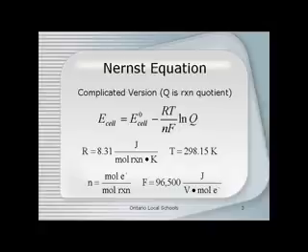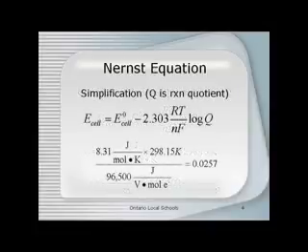And then F is Faraday's constant, and that is equal to 96,500 joules per volt times mole of electrons. It would be a good idea for you to write down this equation and what these values represent. Now would be a good time.